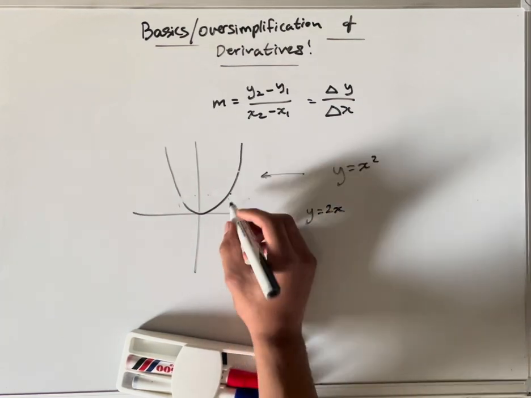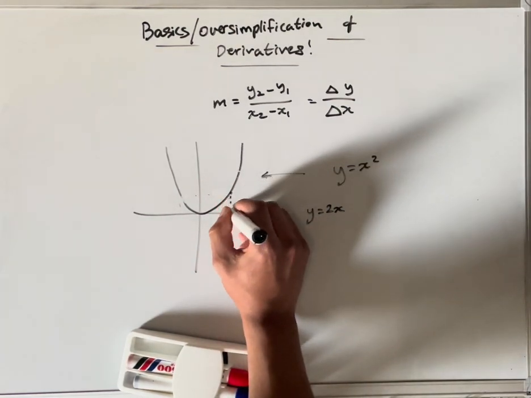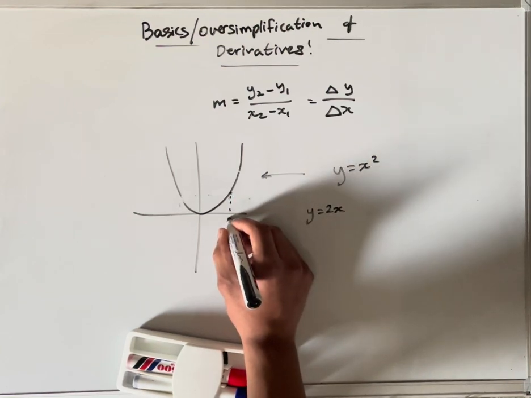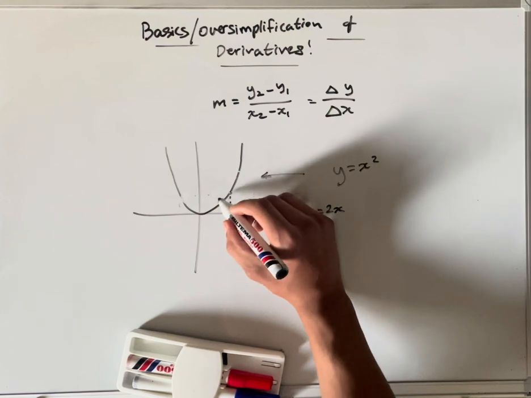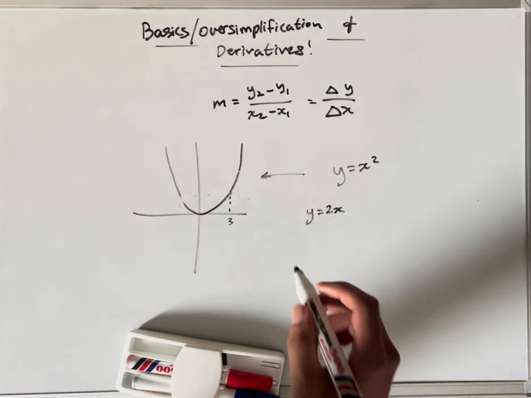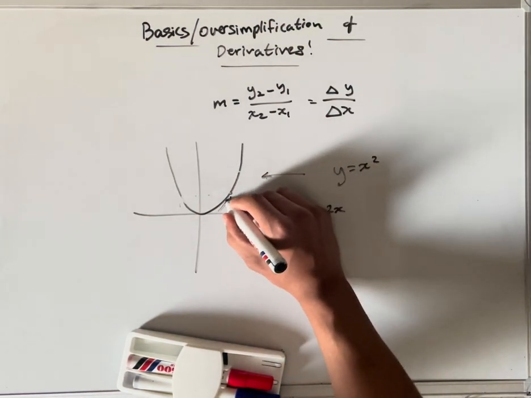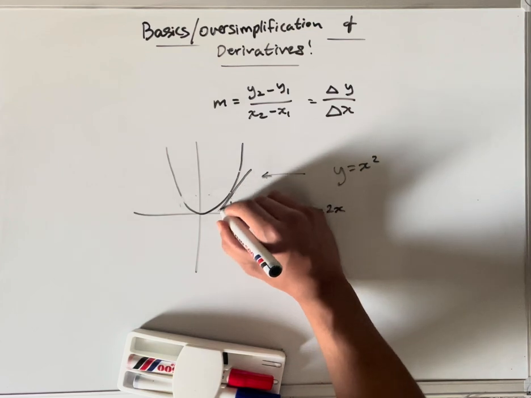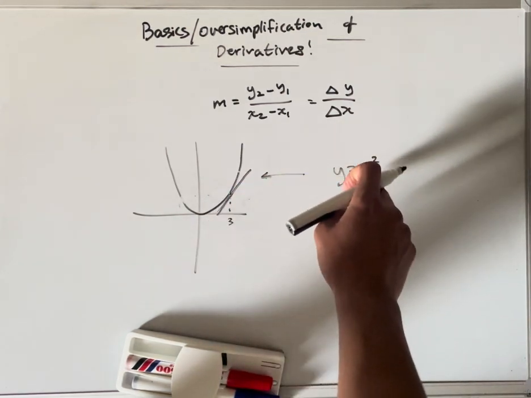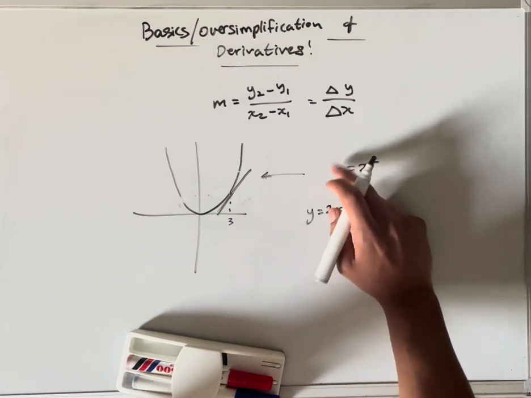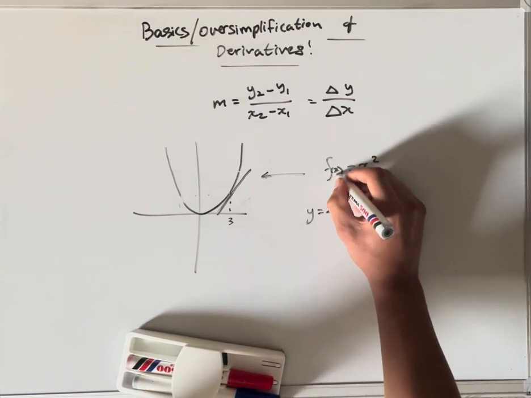So let's say you're looking at the slope at this point here, which will be an x value of, let's say 3. The slope here is actually a straight line, because we talked about this, right? It would be a straight line which touches the curve at exactly one single point. I'll actually name this f of x, right?